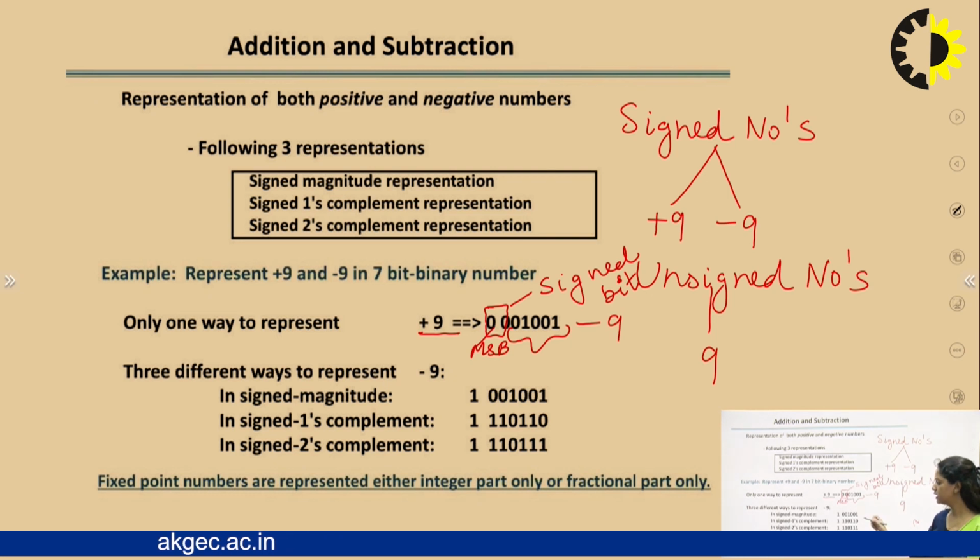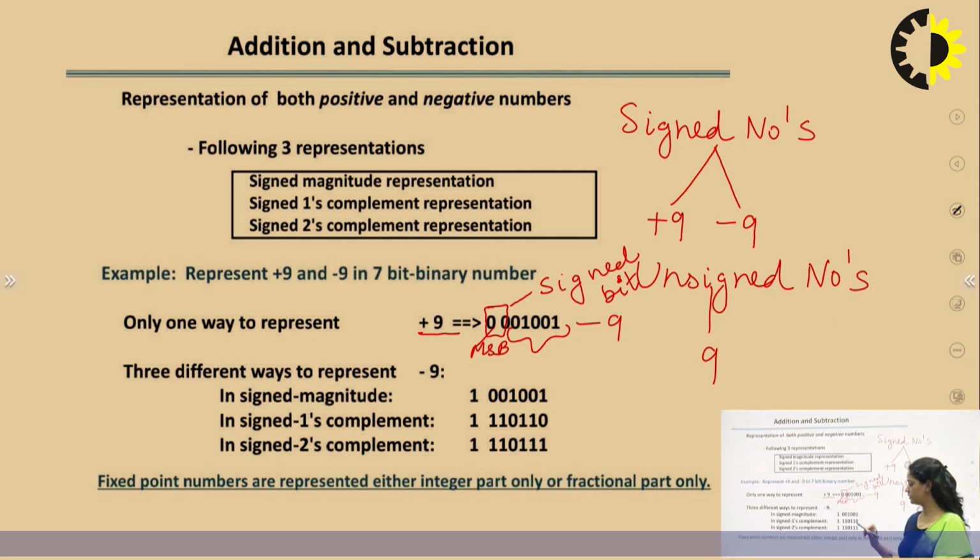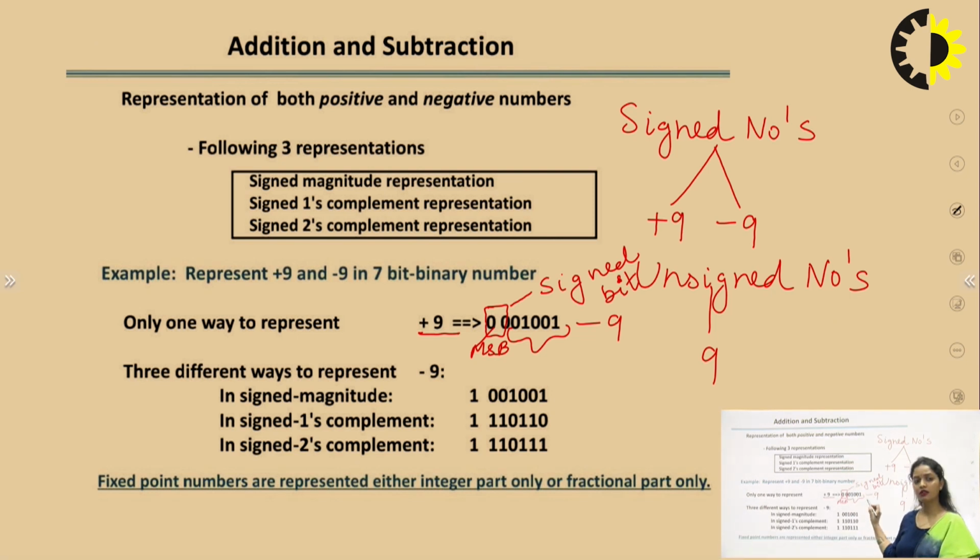For example, if we have to represent -9 in sign magnitude representation, we can write 1 001001. 001001 is the code for 9, and here the most significant bit 1 will indicate the sign, that is -9. So 1 indicates the negative number in sign magnitude representation.